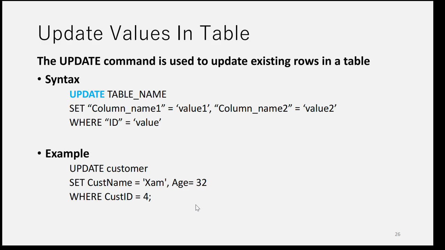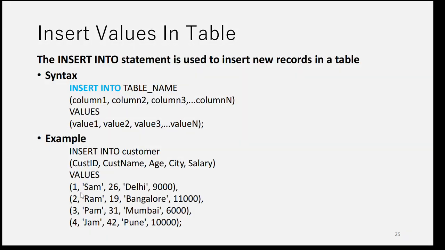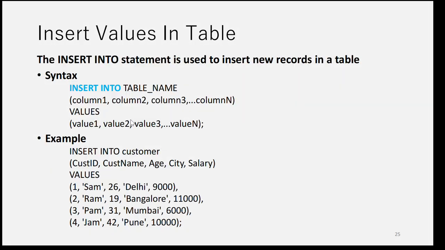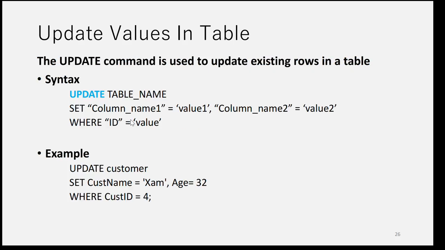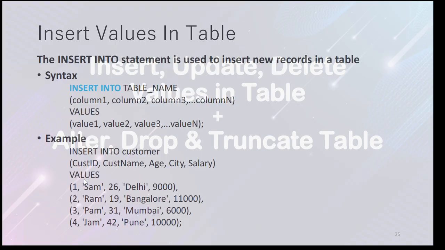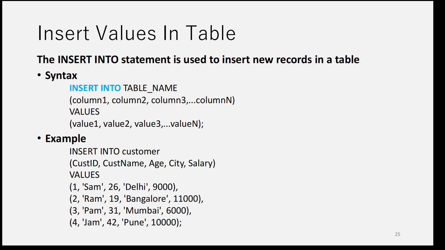And then you update. Here, see, if it is 1 and you need to make it 11, you do update and the table name. Update customer, you set customer ID equal to 11.